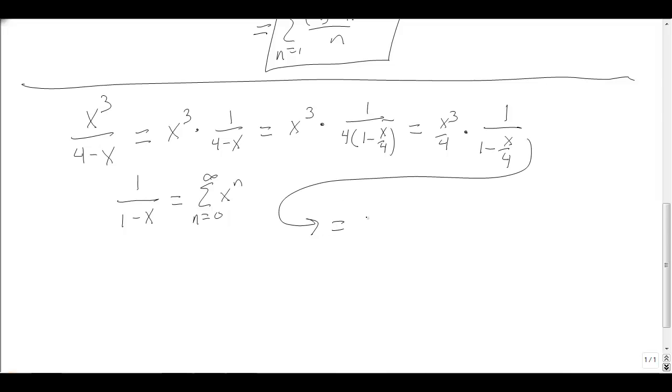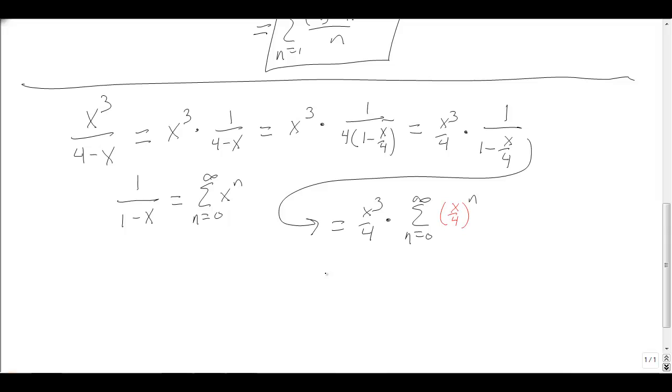So what we're going to get then, coming down here, this is going to be x cubed over 4 times a sum n equals 0 to infinity. Instead of x to the n, we're really going to get x over 4 to the n. So I'm plugging in x over 4 for x in 1 over 1 minus x.